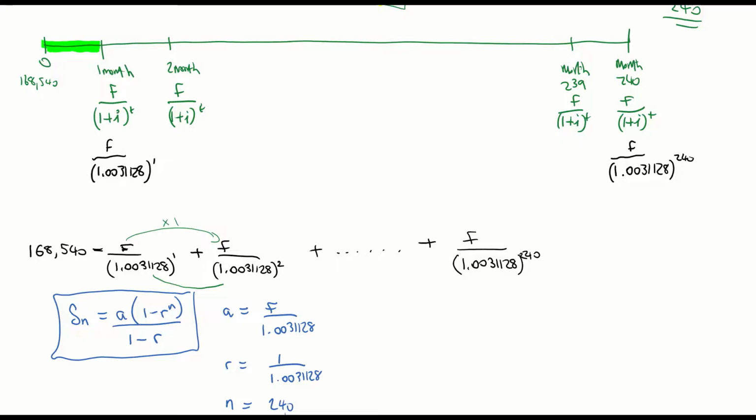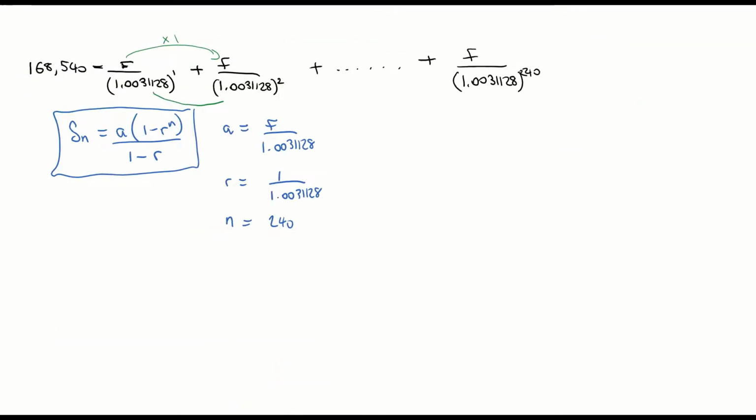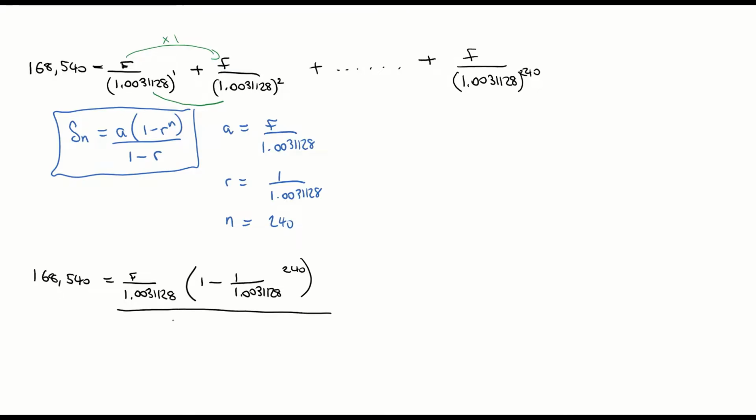So let's fill that into my formula now. So Sn, which is my lump sum, 168,540 euro, is equal to A, which is f over 1.0031128, times 1 minus r, which is 1 over 1.0031128 to the power of n, which is 240, all over 1 minus r, which is 1 minus 1 over 1.0031128. So it's actually advanced algebra here, basically. That's what this question is getting us to do.